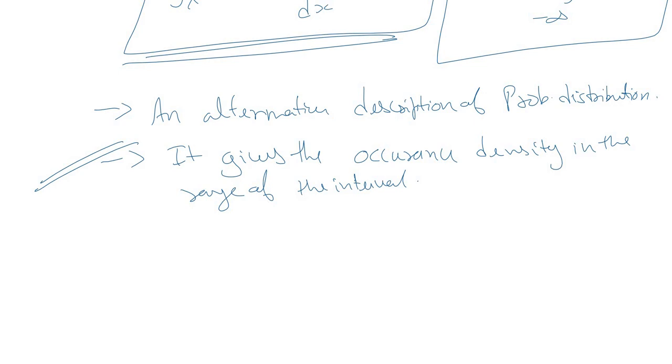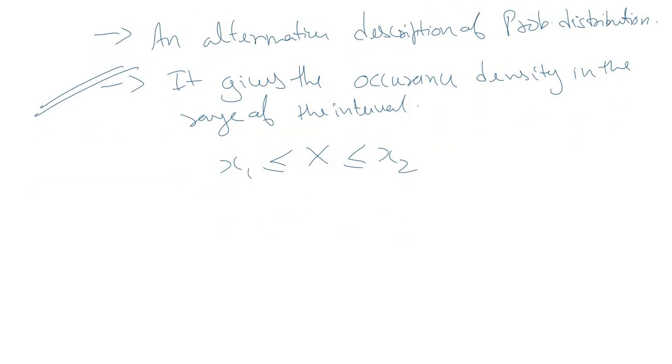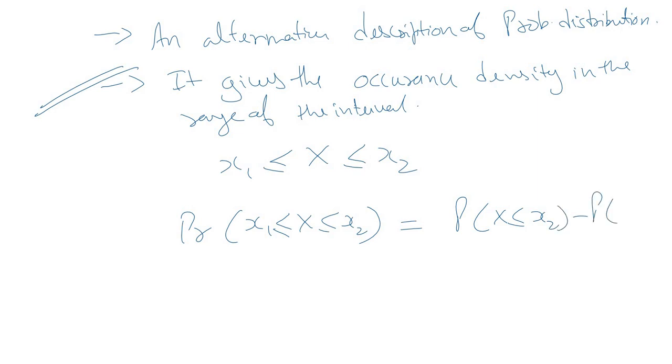For example, if we talk about the interval x ranging from x1 to x2, so the probability that x lies between x1 and x2 can be simplified as probability x is less than or equal to x2 minus probability x is less than x1, right?